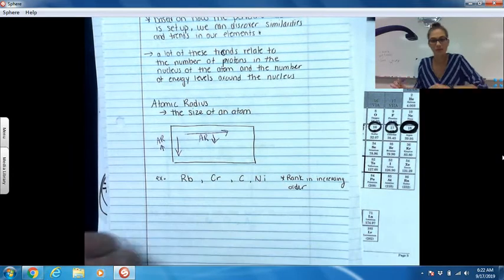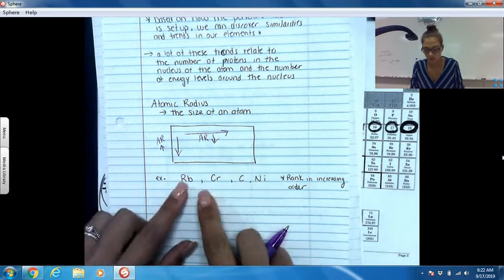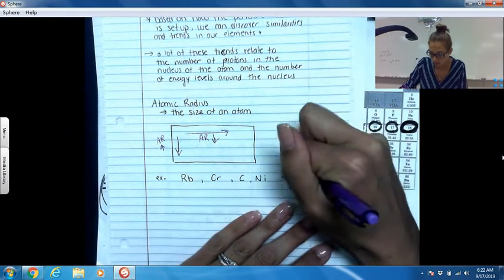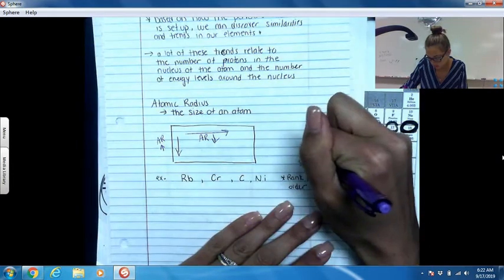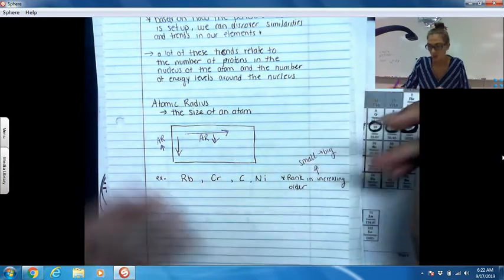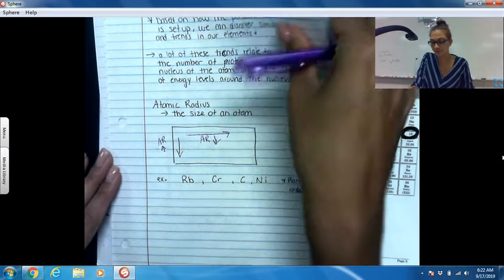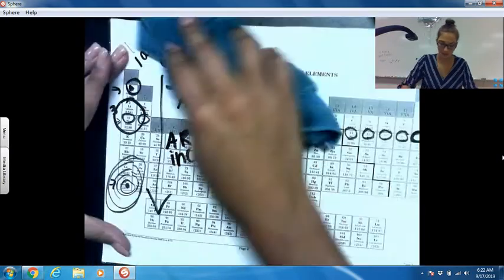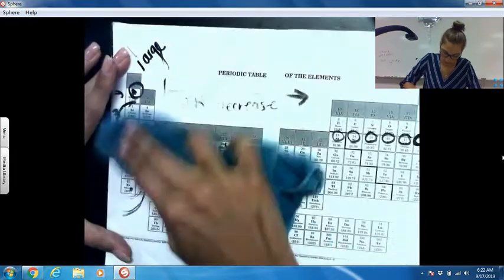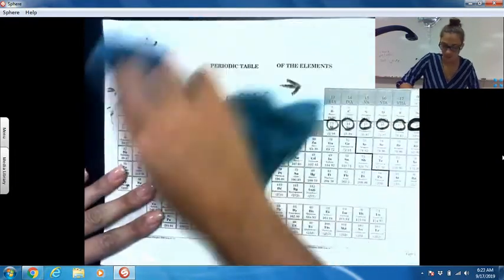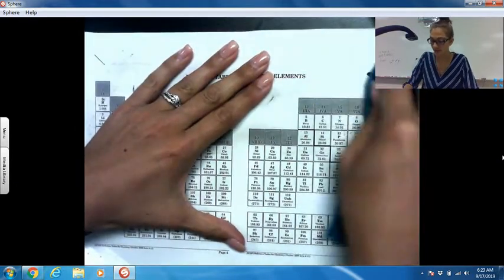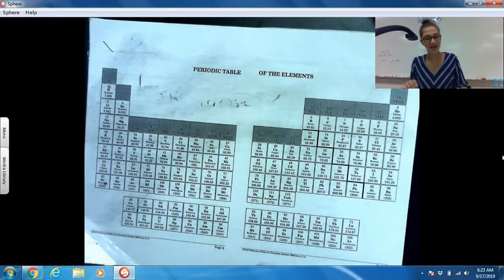So you're going to see a question like this. Rank in increasing order. So increasing order is from small to big. Okay, so what I like to do, knowing this, I'm going to erase this. Whenever I'm asked to compare different atoms, I like to find my highest for that trend.